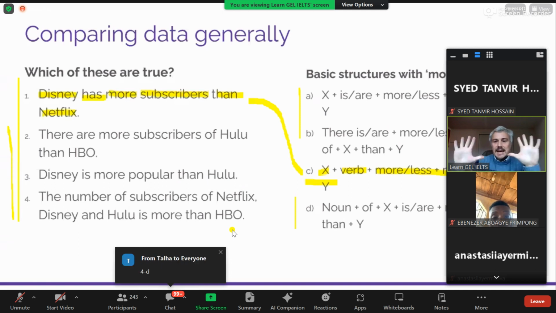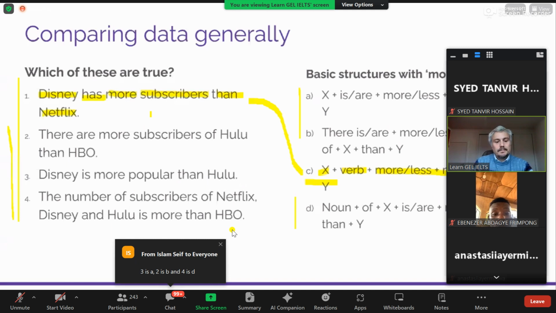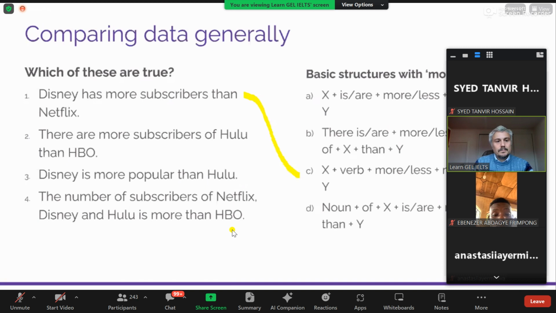Excellent, very good. 10 seconds quickly to check the structures. Okay, fantastic. Well done. Let's look together, everybody.